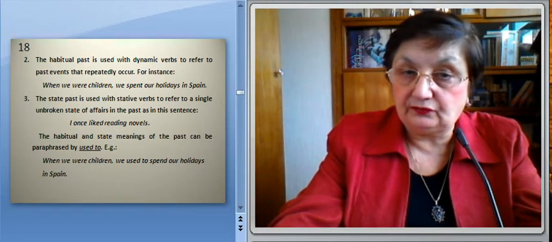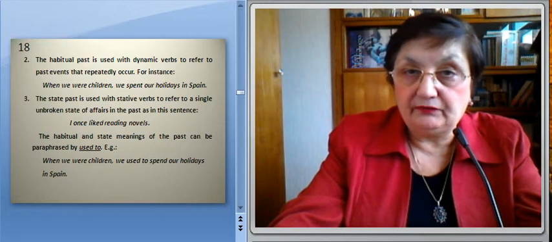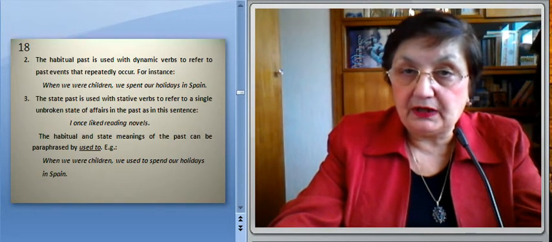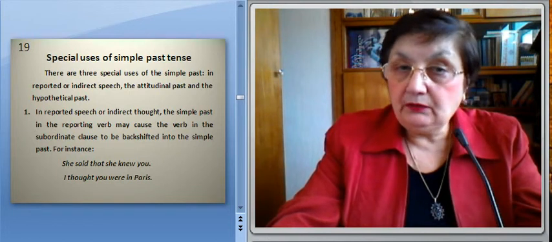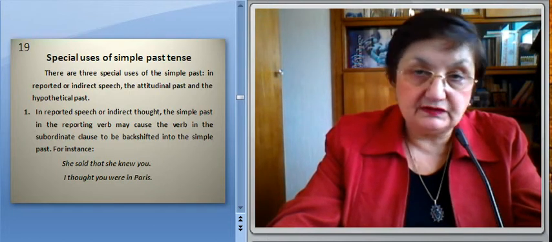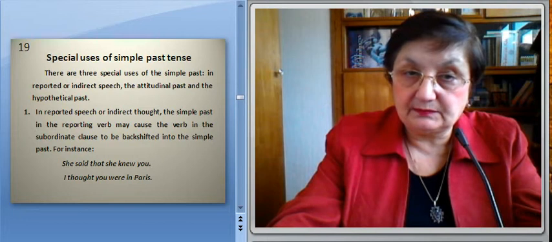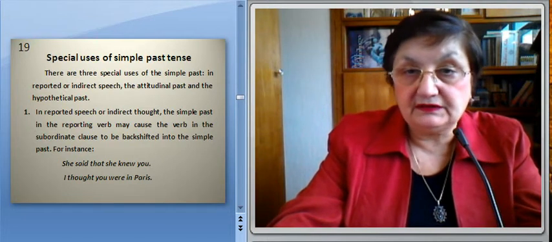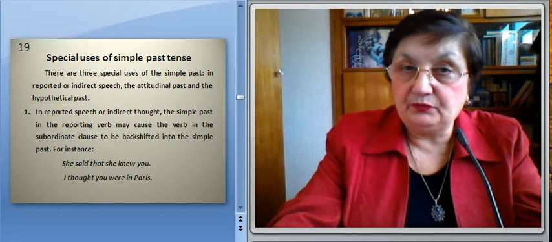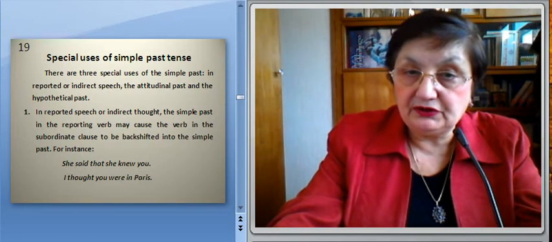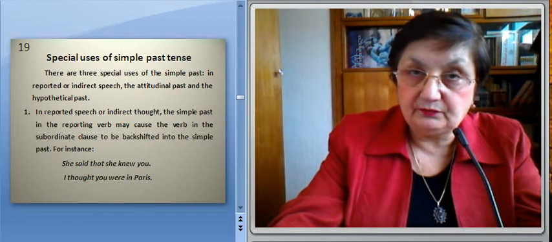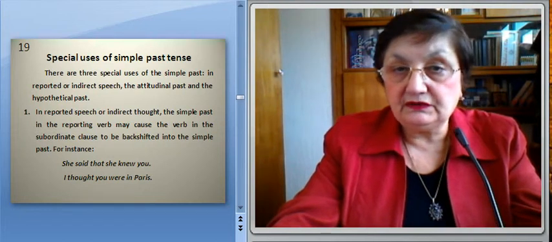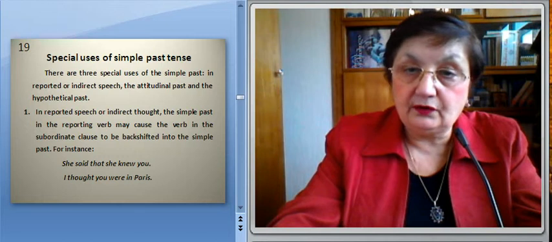Now we'll discuss special uses of simple past tense. There are three special uses of the simple past: in reported or indirect speech, the attitudinal past, and the hypothetical past. In reported speech or indirect thought, the simple past in a reporting verb may cause the verb in the subordinate clause to be backshifted into the simple past.